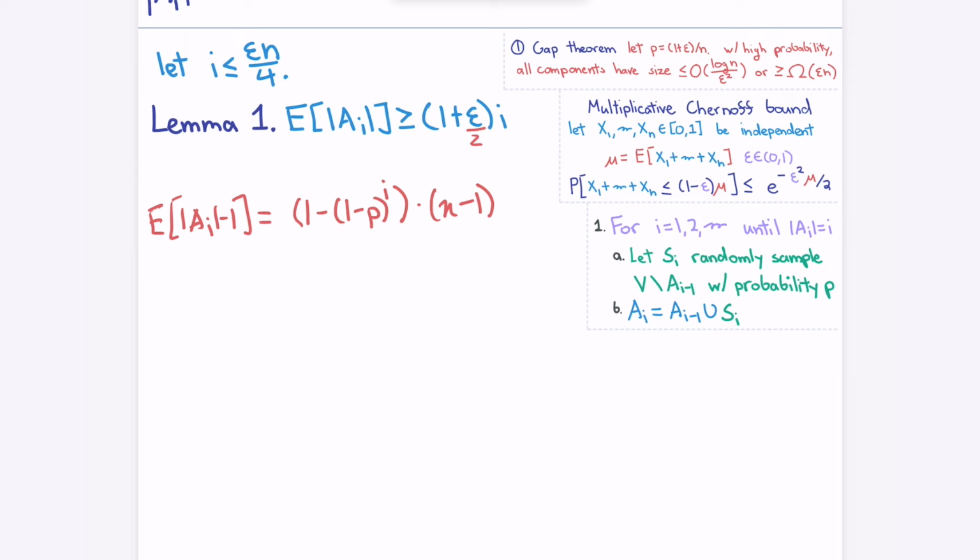And p is equal to something like (1 plus epsilon) over n. Where should we go from here?